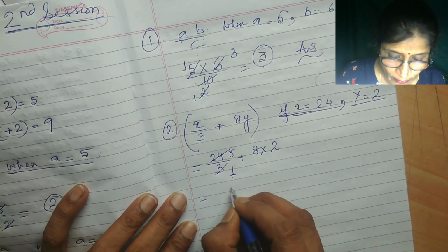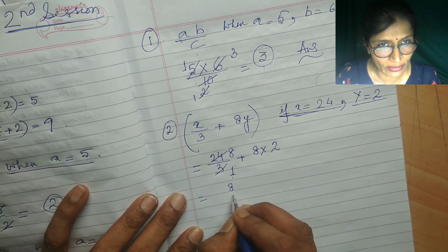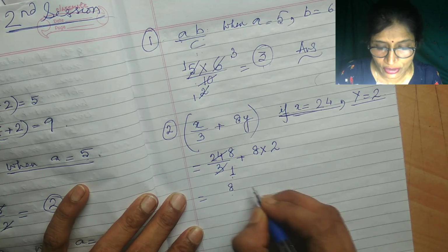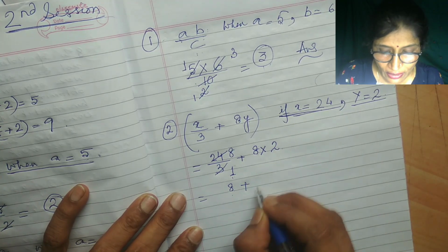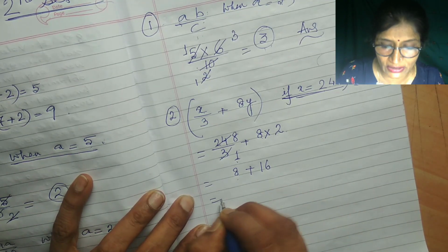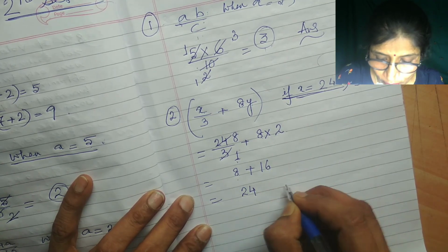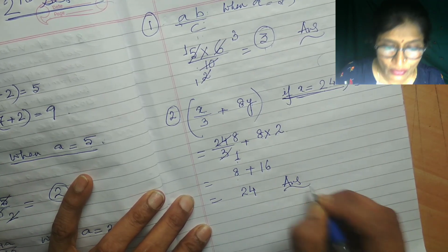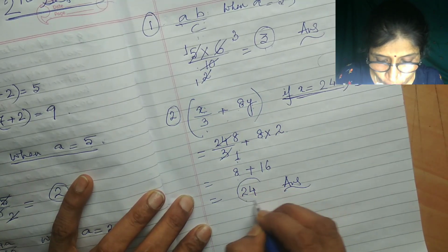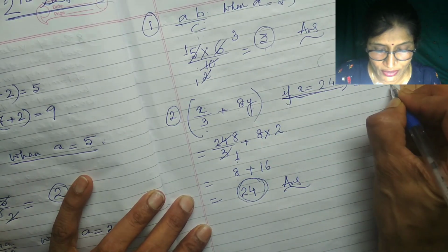So 8 by 1. You know that when the denominator is 1, we don't have to write it. We will write only 8. 8 by 1 is 8, plus 8 2s are 16. Okay. So that is equal to 16 plus 8. That is equal to 24. So x by 3 plus 8y is equal to 24 when x is equal to 24 and y is 2, as given to you.